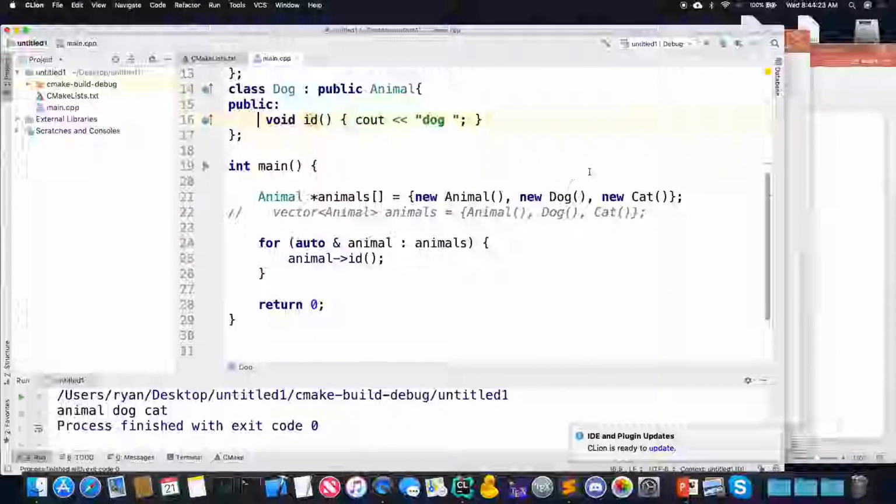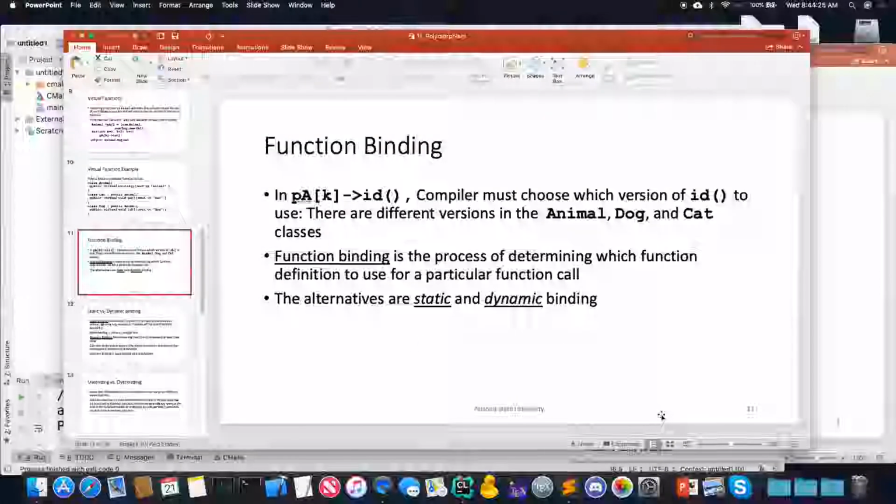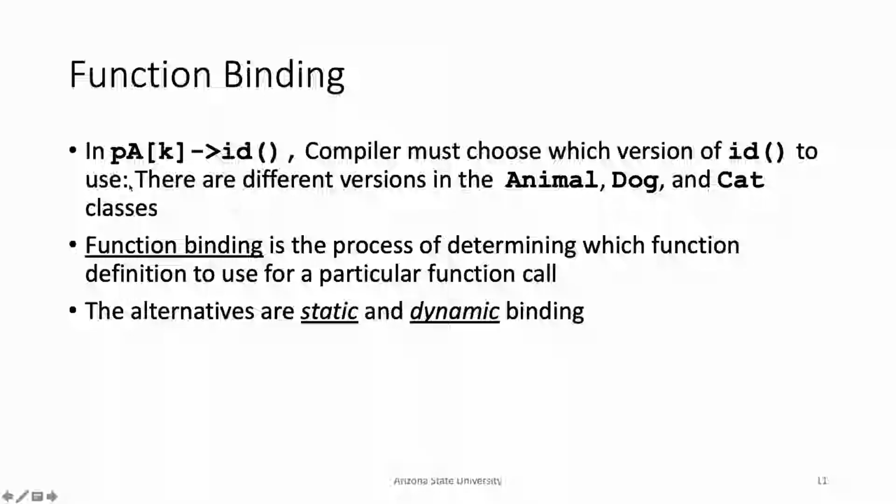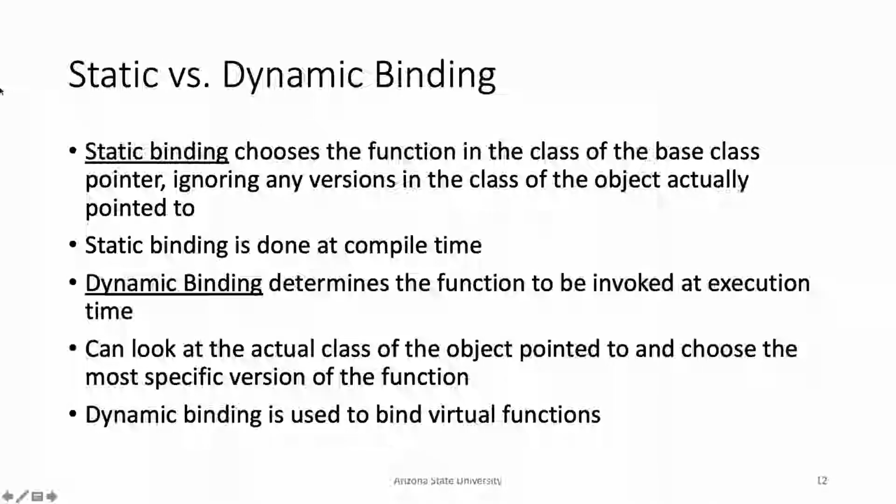So let's talk about static and dynamic binding. Function binding is all that it really is: figuring out which function to call at what point. The main ones that we're going to be talking about are static and dynamic binding, which is what I was talking about before.